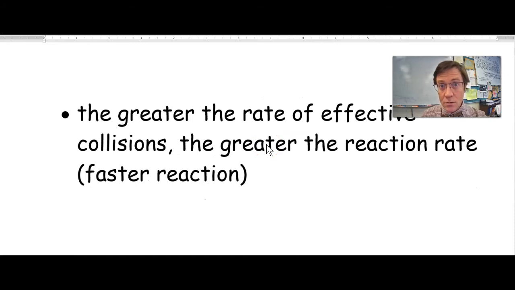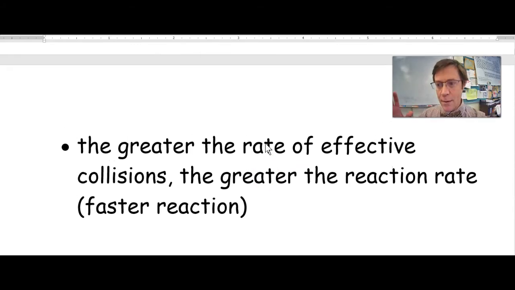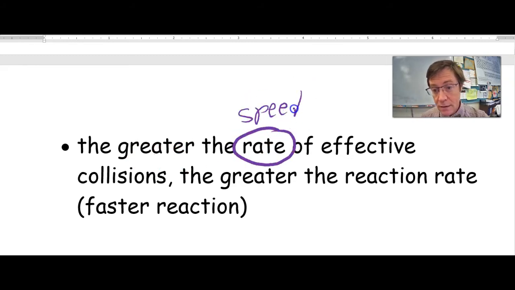So this is also not rocket science, but if you want to make the chemical reaction go faster, you have to have more effective collisions, right? So the greater the rate, remember we said this is the speed, the greater the rate of effective collisions, the greater the reaction rate, right?